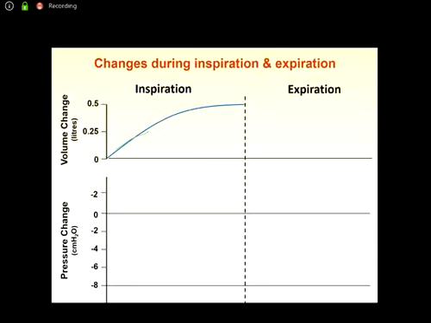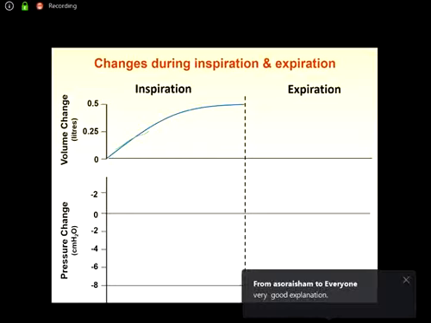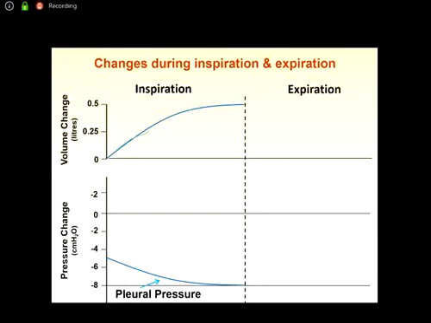Okay, and that volume keeps going up and up until the end of inspiration. Now, when this volume goes up, the pressure in the pleural space becomes more negative, right? Remember, when the volume goes up, pressure goes down. So the pleural pressure becomes more negative, goes from -5 to -8.